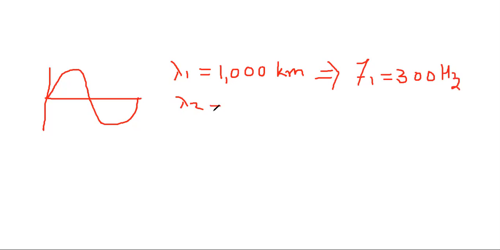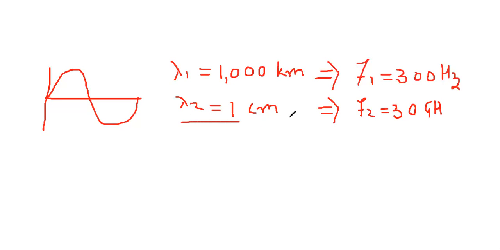And this lambda 2 is representing the frequency f2 equals to 30 gigahertz. If this is 30 gigahertz, then it will be 1 centimeter. So this is a very small wavelength.